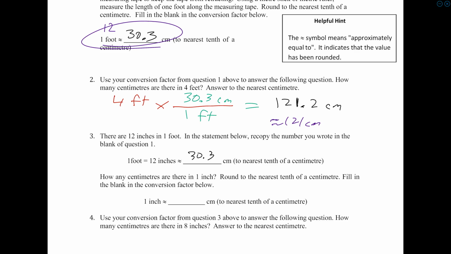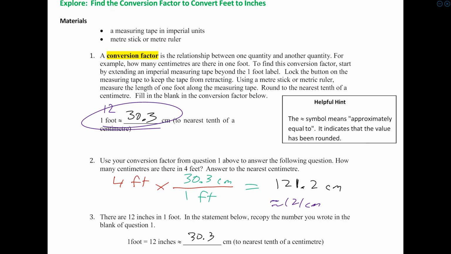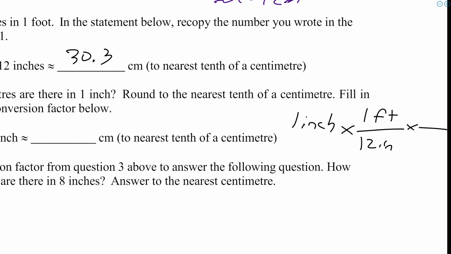See, there's 1 inch times how many times? Well, I know there's 12 inches in 1 foot, and there's, we said, 30.3 centimeters in 1 foot.